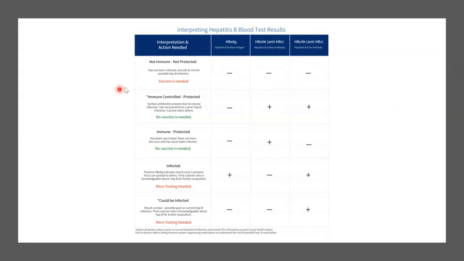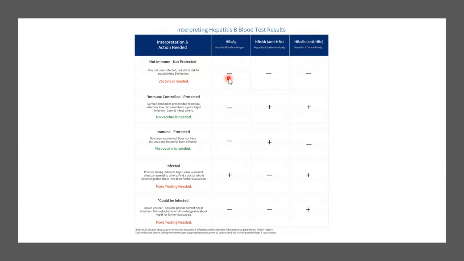So what if somebody gets HBsAg, HBsAb, and then the core? So the surface antigen, the surface antibody, and the core antibody. Okay, if you don't know what these three things are, you need to go back and listen to what I just said.